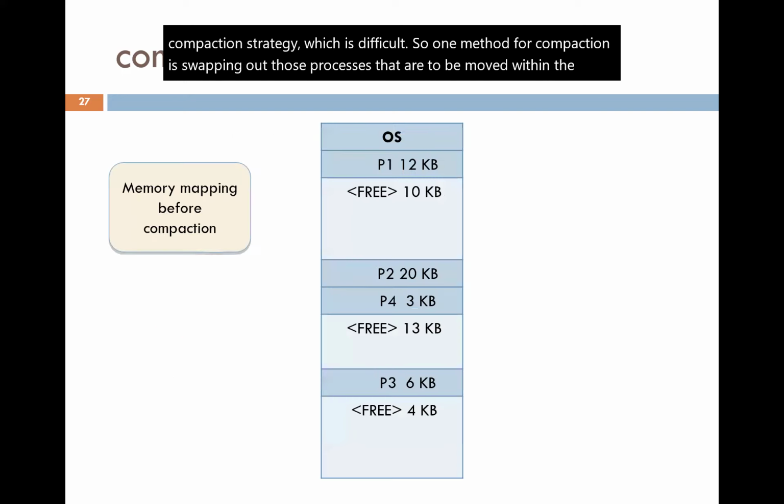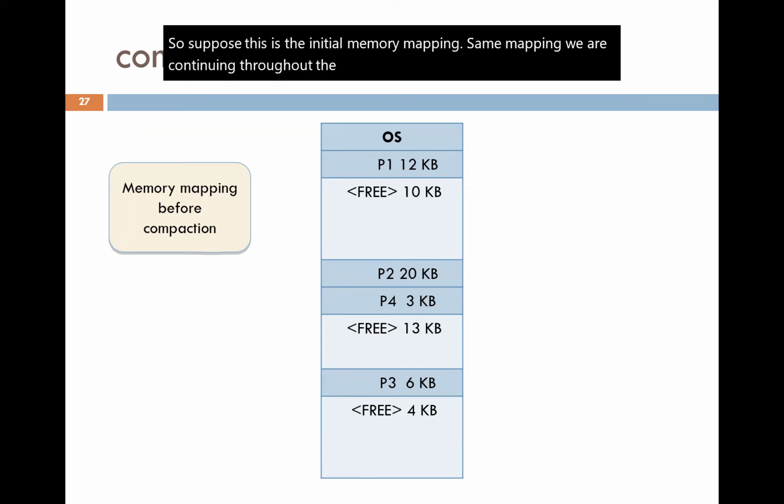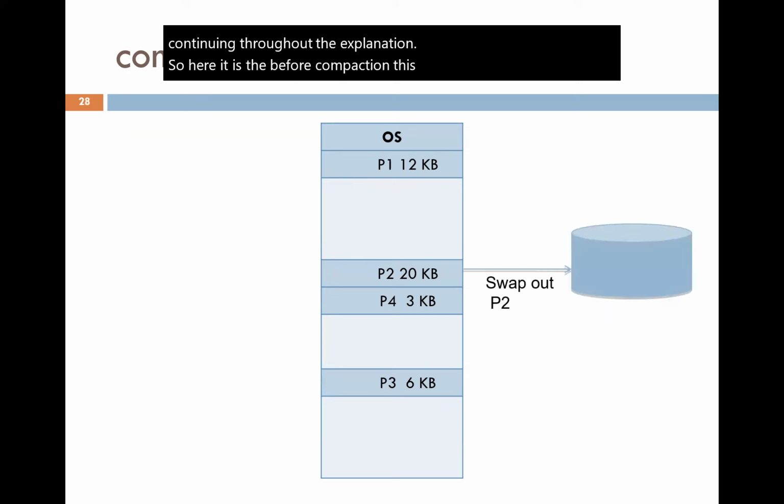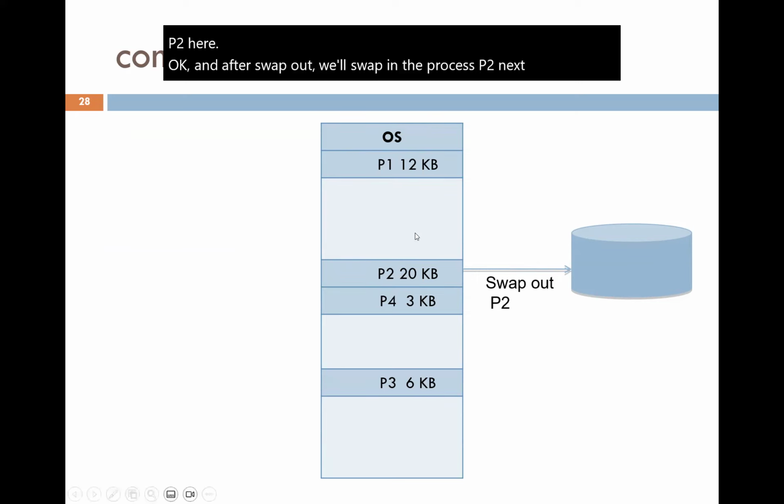Let's see how it works. Suppose this is the initial memory mapping, the same mapping we are continuing throughout the explanation. So here it is before compaction. Now for compaction, we swap out the process P2, and after swapping out, we swap in P2 next to the block which is available after P1.